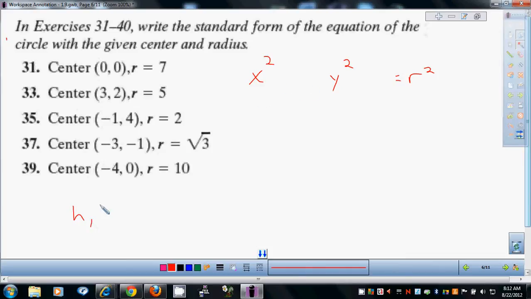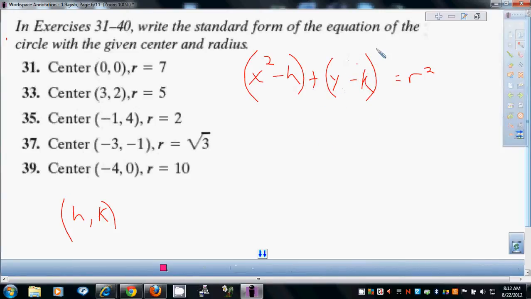The center was of form h, k. Remember? It was this. Oh, but now the squared goes on the outside. x minus h squared plus y minus k squared equals the radius of our circle squared. That is the standard form of the equation for a circle.